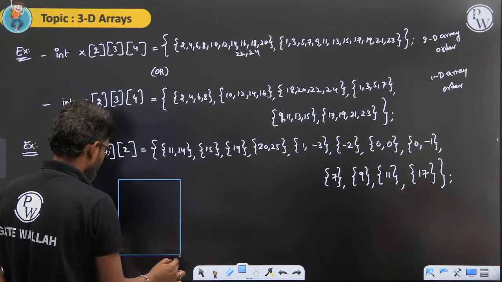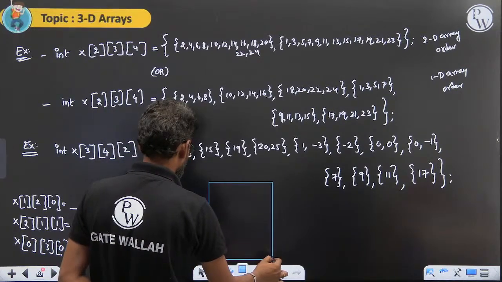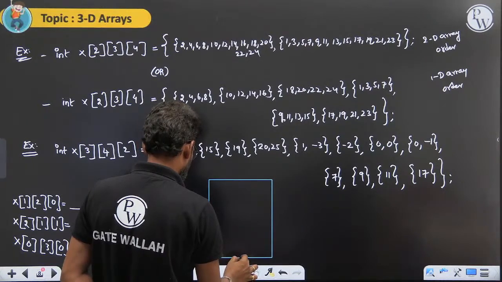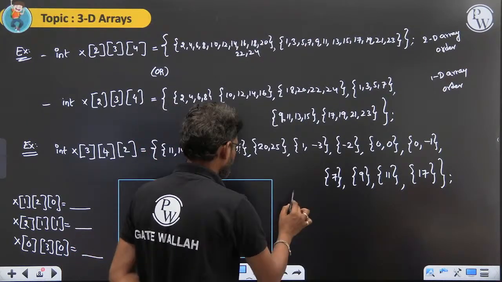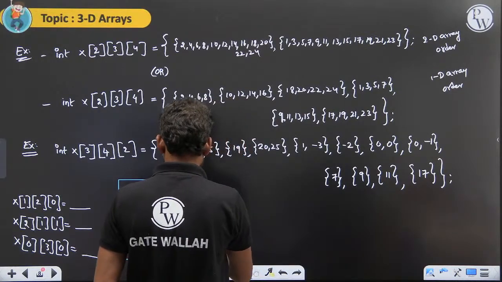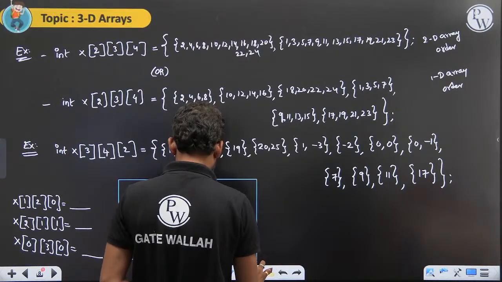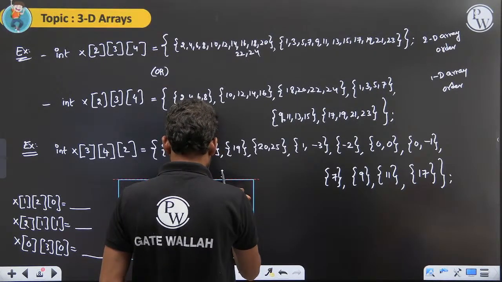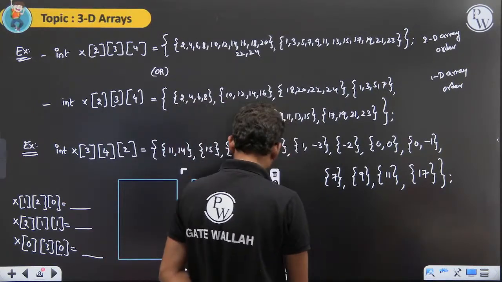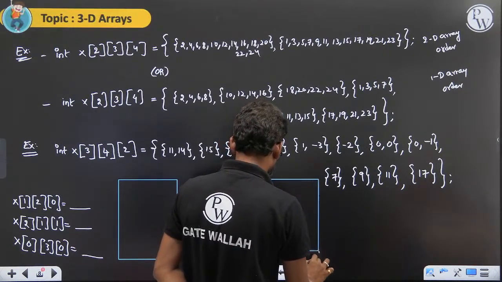So I am taking 3 2D arrays, and then one more.